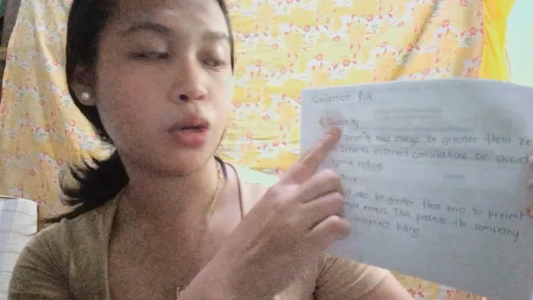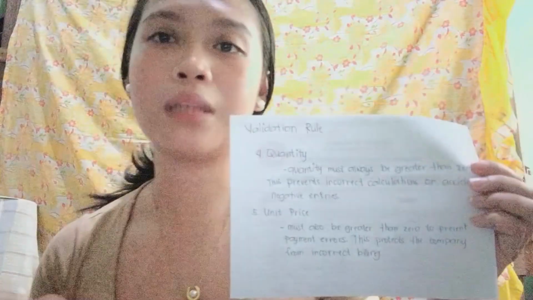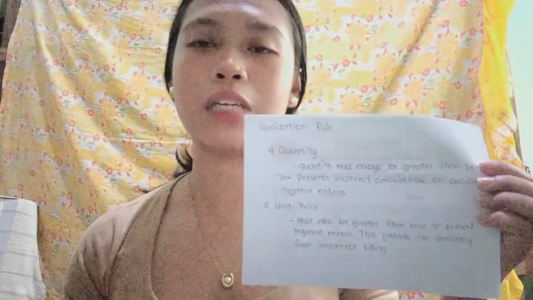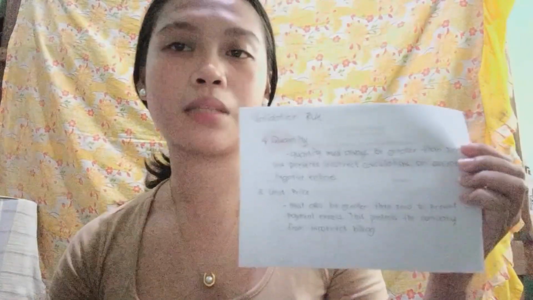This time, I will explain the 4 and 5 validation rules. Validation number 4 is the quantity. This rule ensures that the quantity of each item must always be greater than 0.